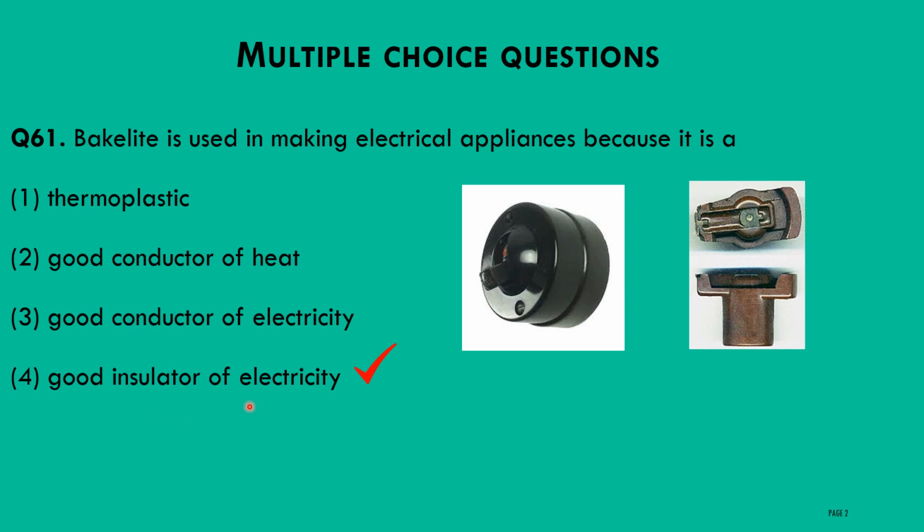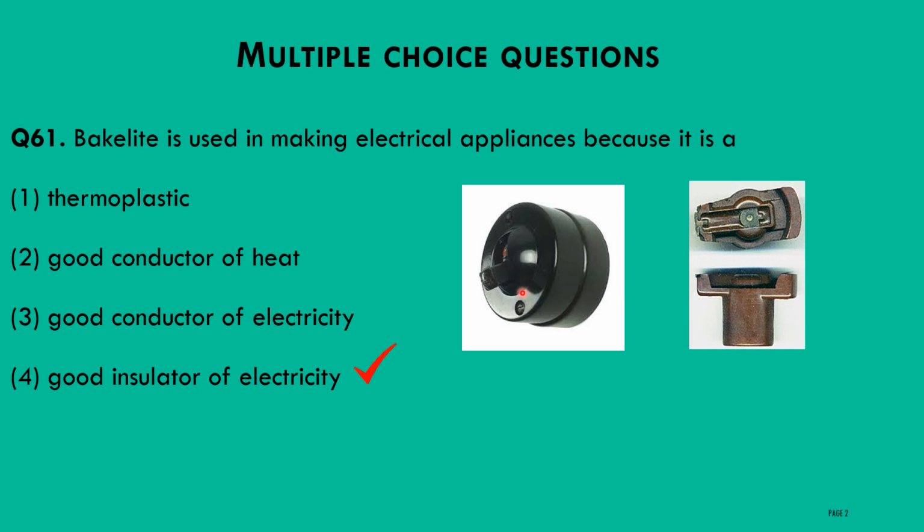When you are solving multiple choice questions, one thing you have to remember: you have to select the most appropriate correct answer. Here, why are we using bakelite to make electrical appliances? Because it behaves as a good insulator of electricity. What is meant by insulator? An insulator will not allow any heat and electricity to pass through it.